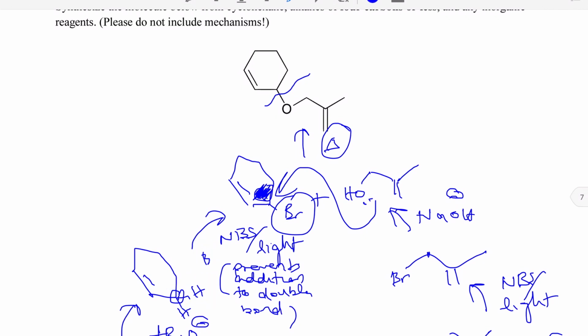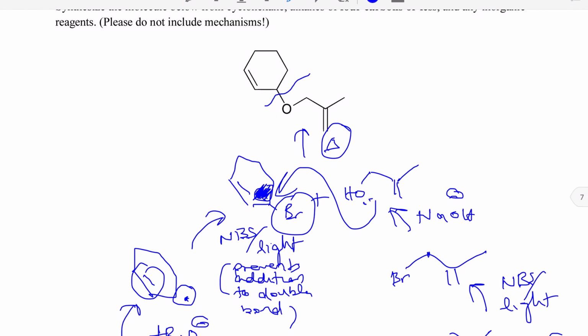We would actually get an allylic radical, because there's a double bond here, there's a radical here, and they're just one bond apart, right?